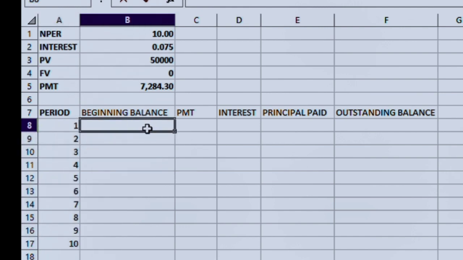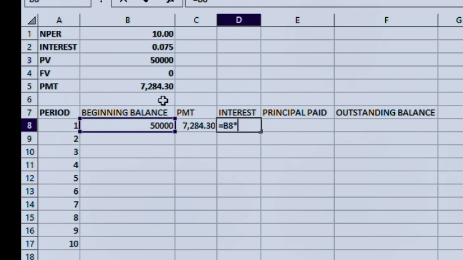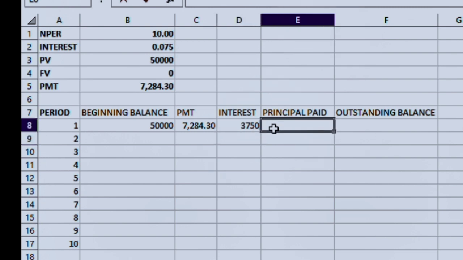Our beginning balance is 50,000. So click equal sign, click present value, then enter. Our PMT is, click equal sign, click PMT, then enter. Our interest, click equal sign, beginning balance times interest, then enter. Our principal paid, click equal sign, click PMT minus interest, enter.